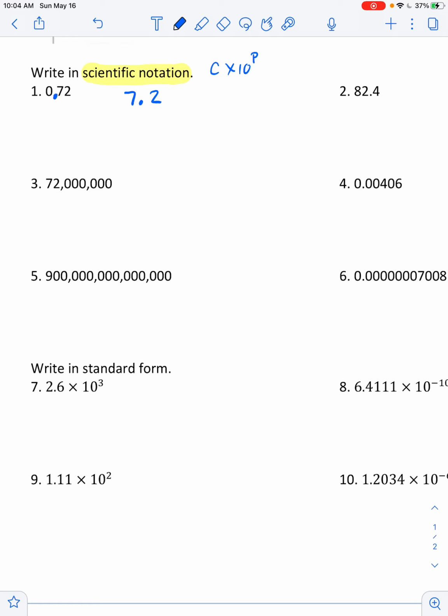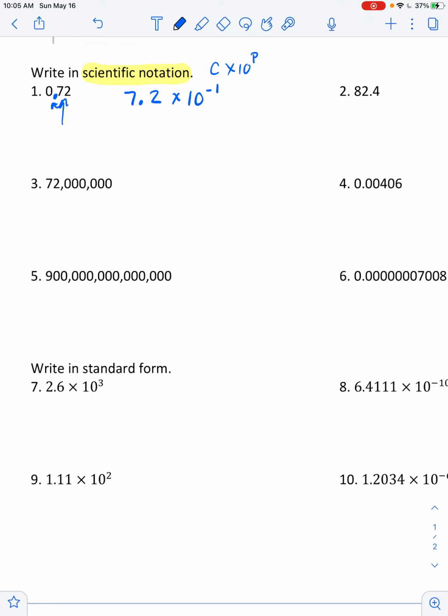But in order to put it here instead, and then I look back at my original number, that would require me to move it 1 to the left. So when I go to do this, I would go 10 to the negative 1, because to get back to my original number, I have to move the decimal place to the left 1.